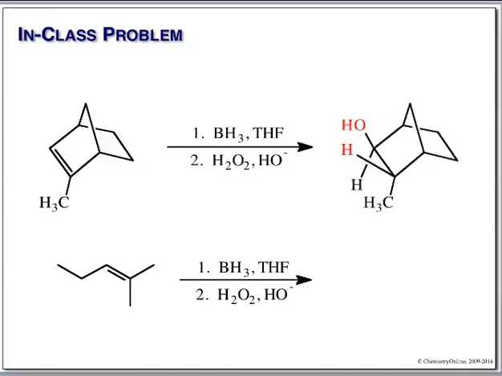All right, here we have a simple alkene reacting with BH3 THF. We look at our alkene carbons. We have a secondary and a tertiary. This is going to be anti-Markovnikov. So the OH is going to be bonded to the secondary carbon.